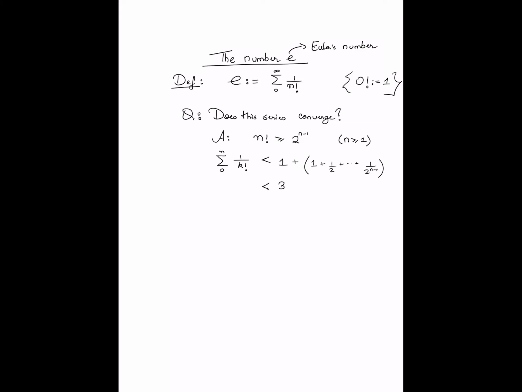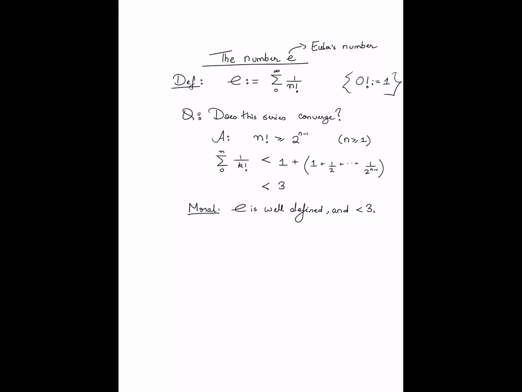In addition, we also have an upper bound on e. So the moral so far is e is well defined and less than 3. This is what we know about e so far.